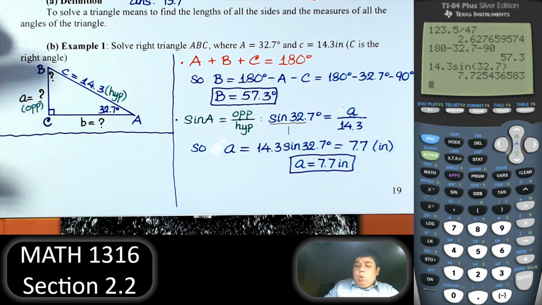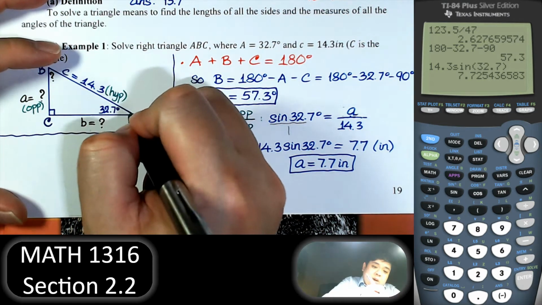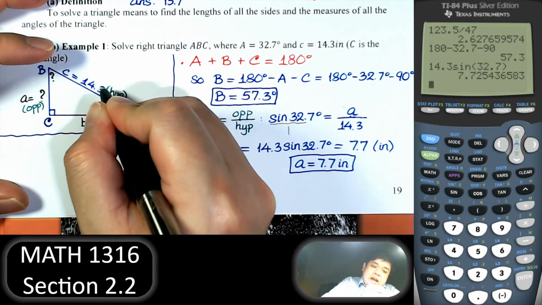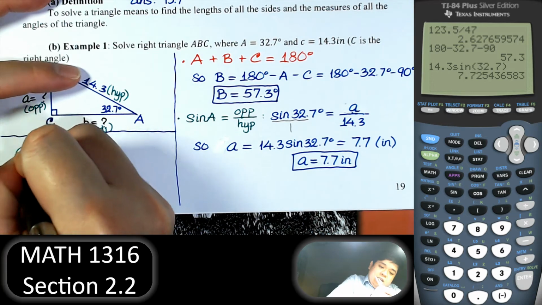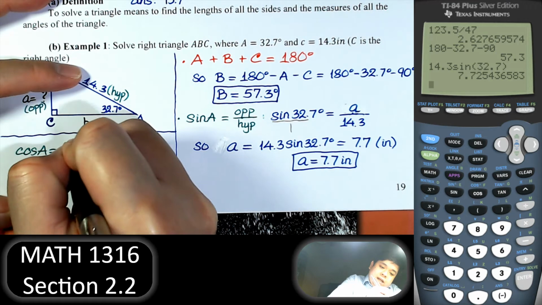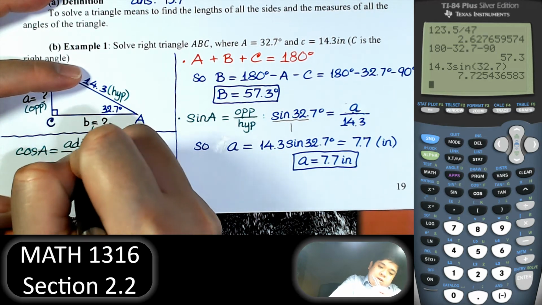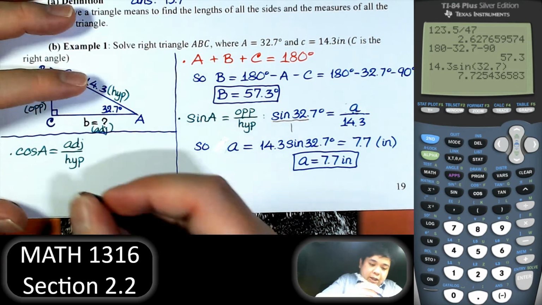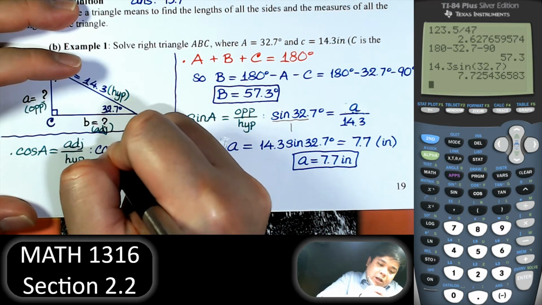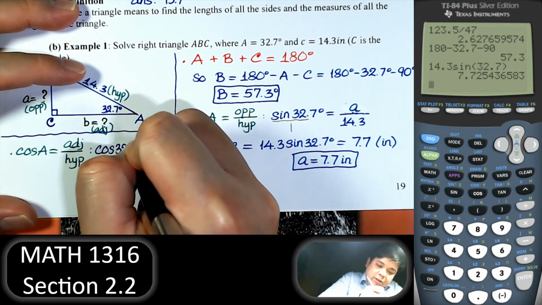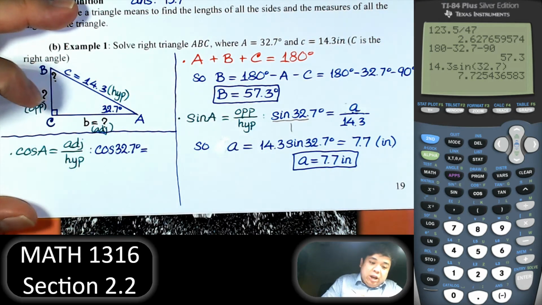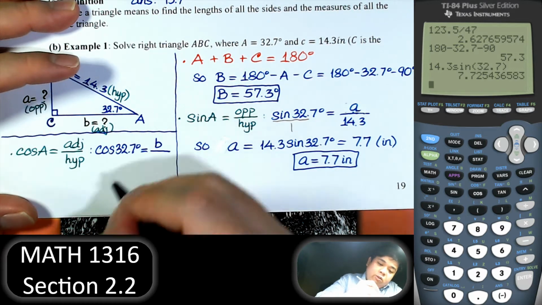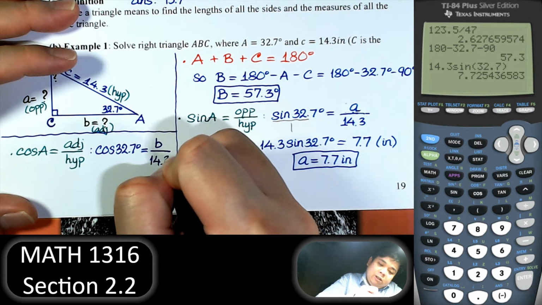Now, with the information given, with respect to angle A, b is adjacent. So we have adjacent, hypotenuse, and angle A. So cosine is adjacent over hypotenuse, and cosine of 32.7 degrees equals adjacent, which we don't know, but that is b, over hypotenuse, which we know is 14.3 inches.